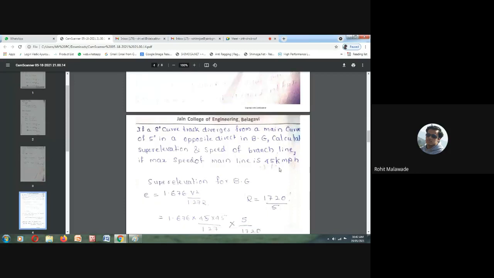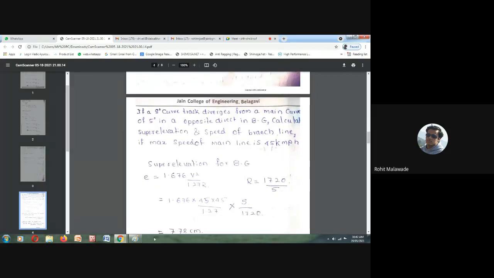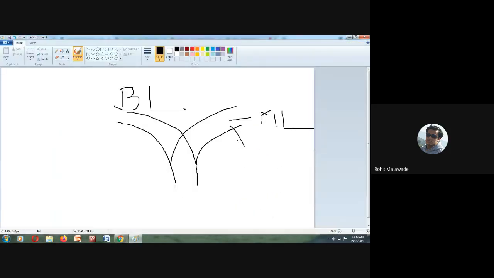Now, in this problem, what you will be asked is this: the degree of your main line will be given, then the degree of the branch line will be given, and then the speed either on the main line or on the branch line will be given, and you will be asked what should be the speed of the other line.